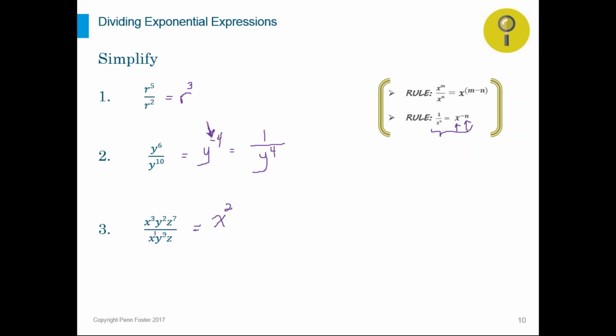And then y to the 2nd and y to the 5th, top minus bottom: 2 minus 5 is negative 3. And then 7 minus 1 will give you 6. Now I see a variable with a negative exponent that is not in simplest form. What I can do is rewrite it as x squared z to the 6th over y to the 3rd power. And that would be your final answer, the simplest form.